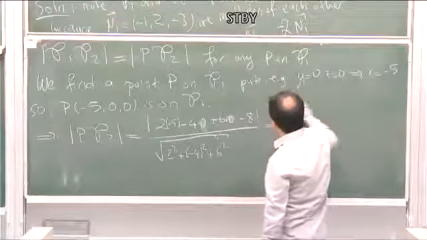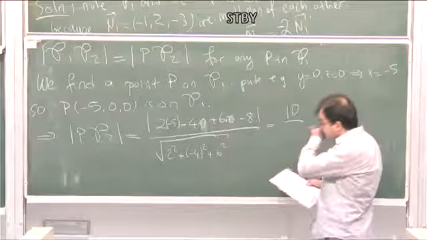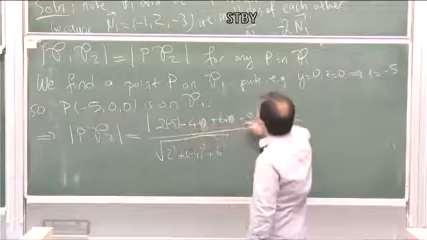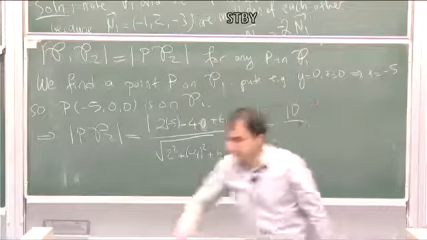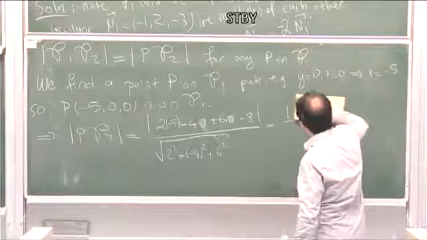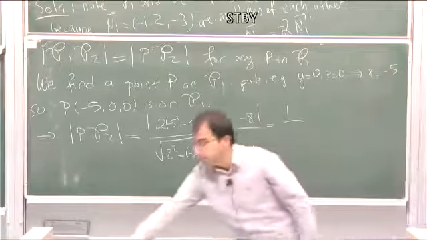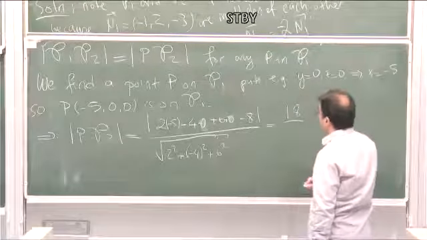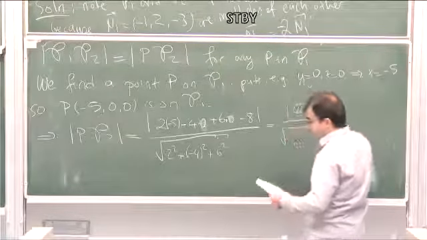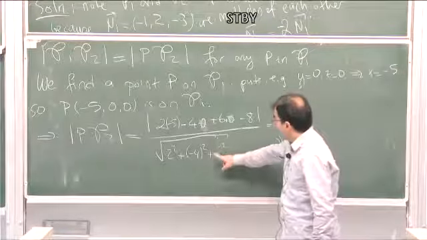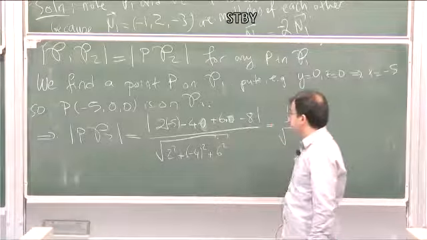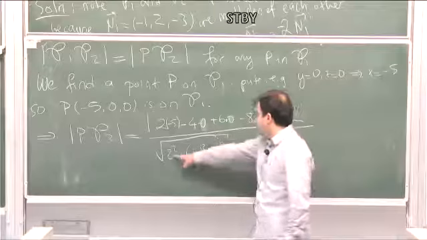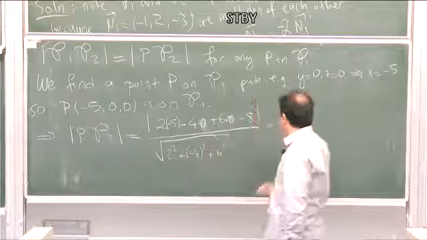Okay, so I'm going to have minus 2 times minus 5, which is minus 10, minus 8, so I'm going to have 18, in absolute value, divided by the square root of 4 plus 16 plus 36, which is 56.